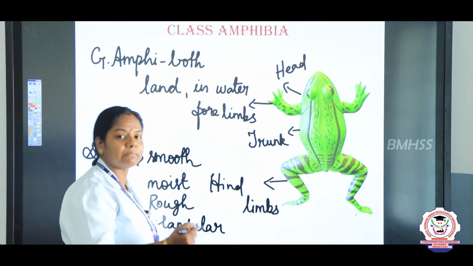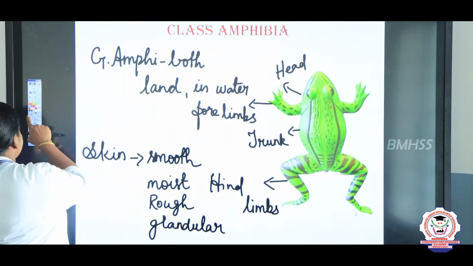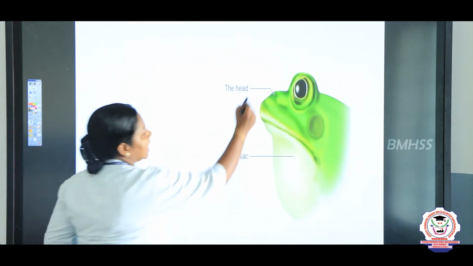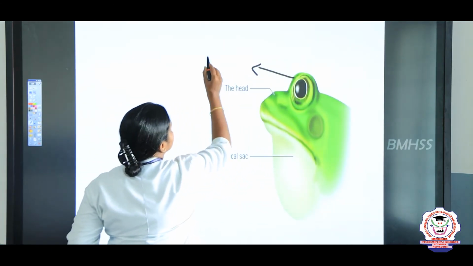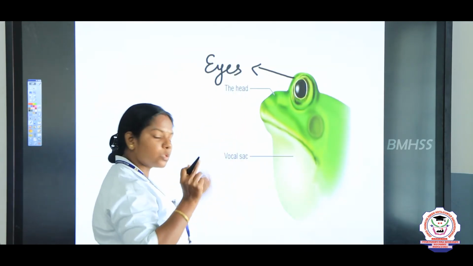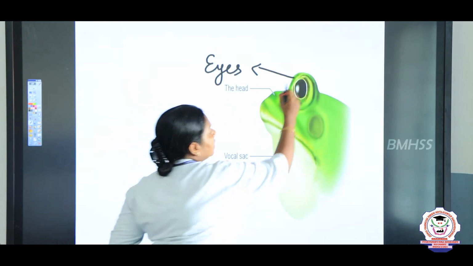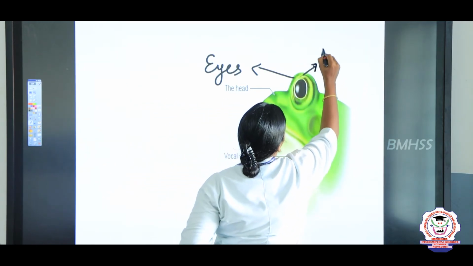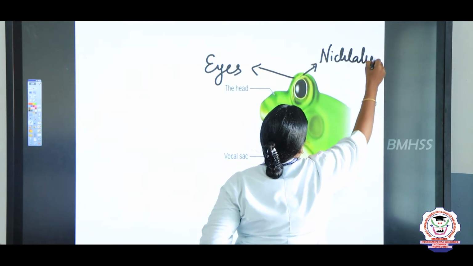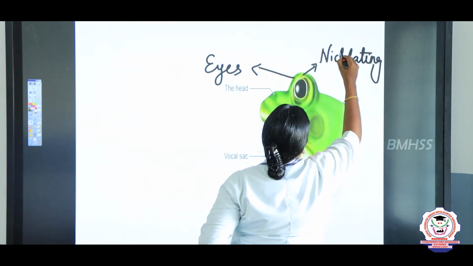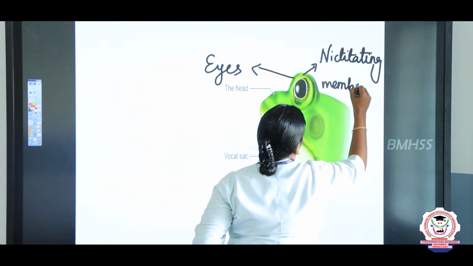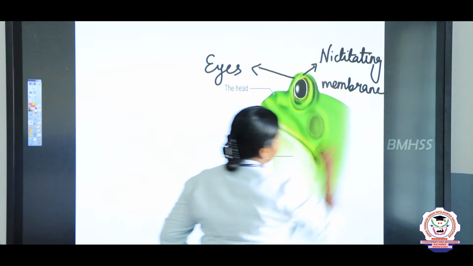Now let us see some other features. The eyes of the amphibian are prominent. They are very big and surrounded by a membrane called the nictitating membrane.